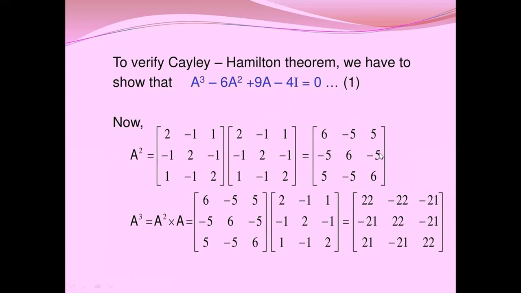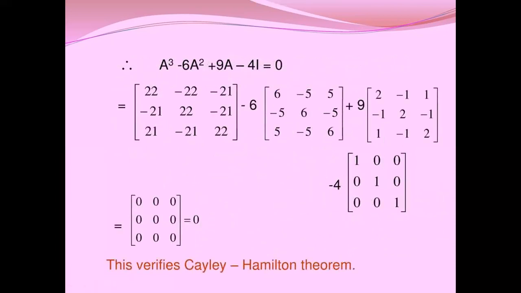We just have to substitute this box over here, plus 9 into the A matrix, minus 4 into I, which is the identity matrix. After substituting the values, we get 0, 0, 0, 0, 0, 0, 0, 0, 0, which is equal to 0. After getting the null matrix, this indeed verifies our Cayley-Hamilton theorem.